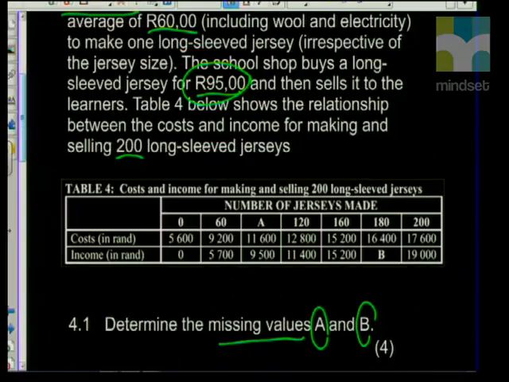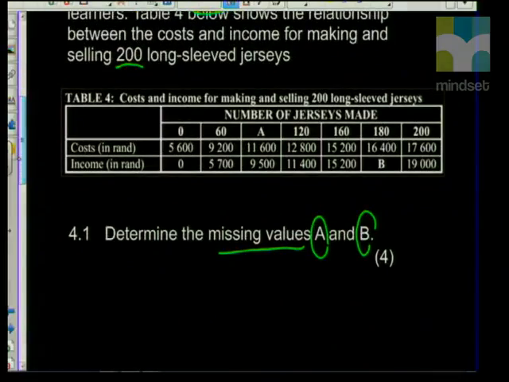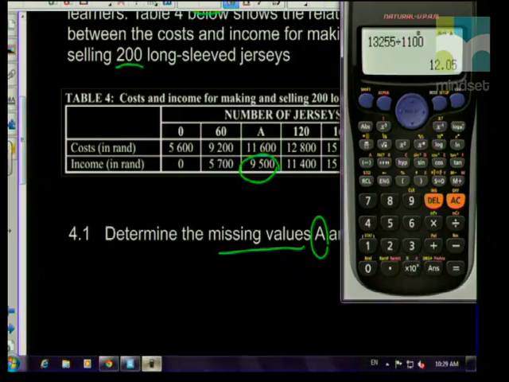We also know that the income is very clear to work out. Now, you can do it in two ways. You know that the jerseys are being sold at 95 Rand a jersey. So if you want to work out the number of jerseys, you simply take the total income you'd expect and divide it by 95. So let's take that, because that's the simplest way of doing it.